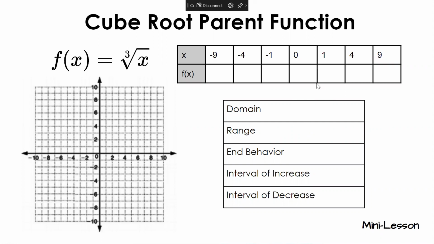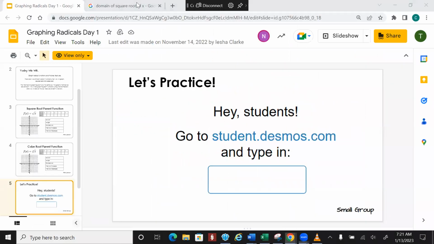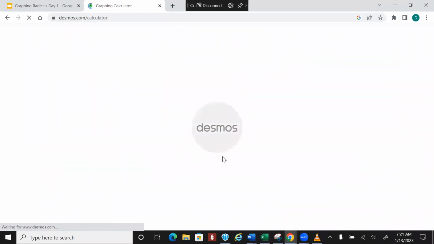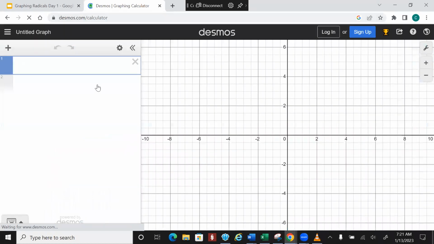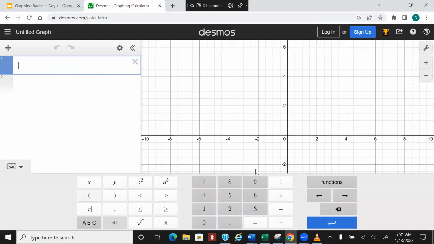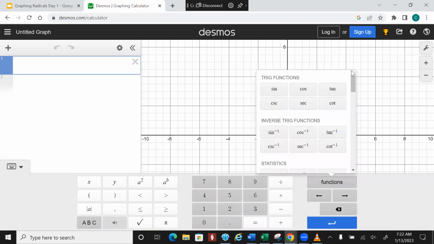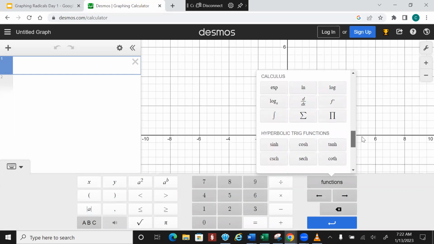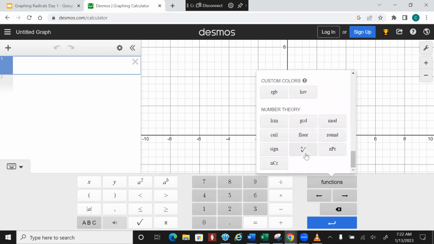Okay, so when you put this into Desmos, what it's gonna look like is when you come in here, you're gonna hit this little keyboard button down at the bottom, and you're gonna look at the functions, and you're looking for something that says, there we go, this little nth root button.